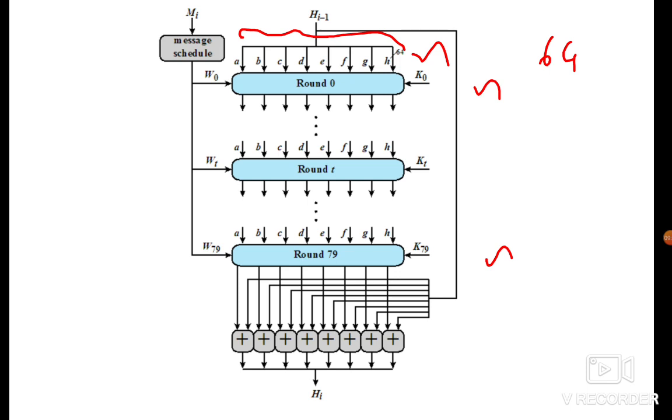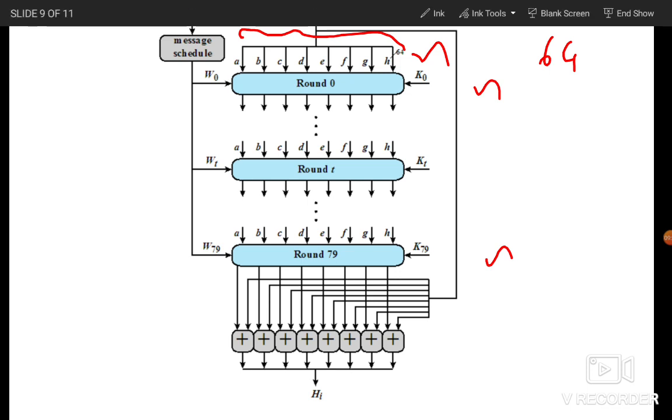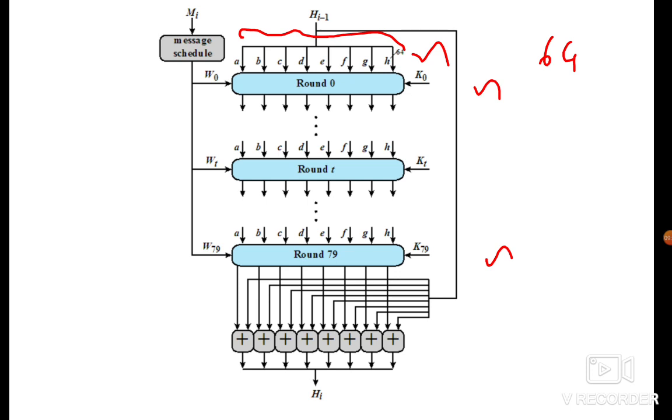Finally we get the 512 bit hash value. For every round you have to supply 3 inputs. One is the previous round hash value. Another one is a word obtained from the original message block.